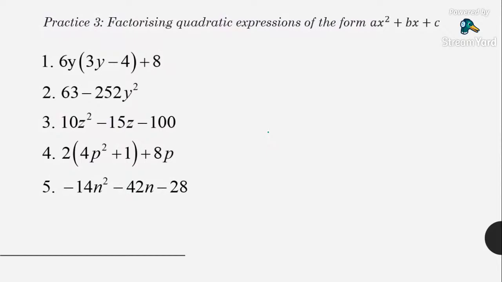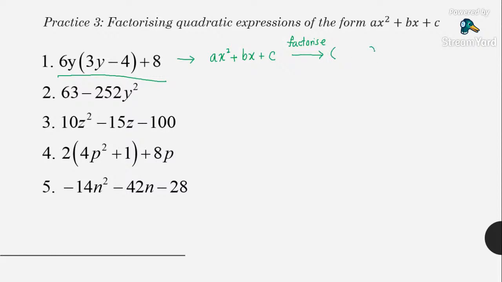So you have to practice. In this case, when you see this, this is not the general form of a quadratic expression. So what you need to do is change this into the general form, which is ax squared plus bx plus c. Then only you can start factorizing and get your answer.